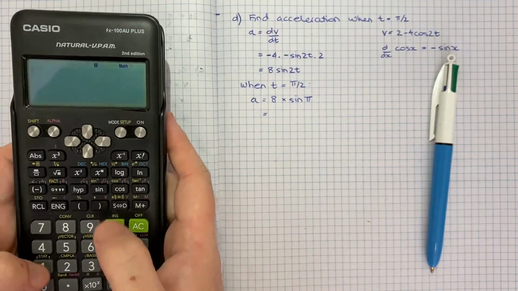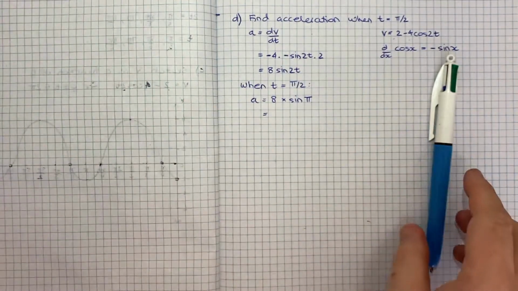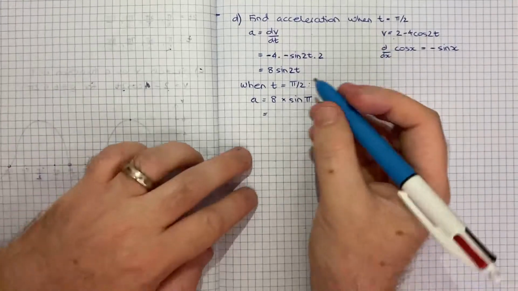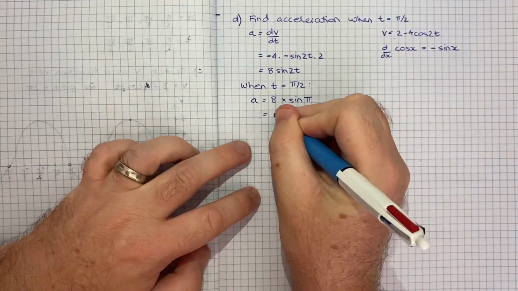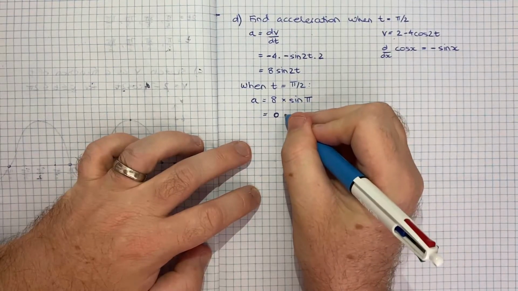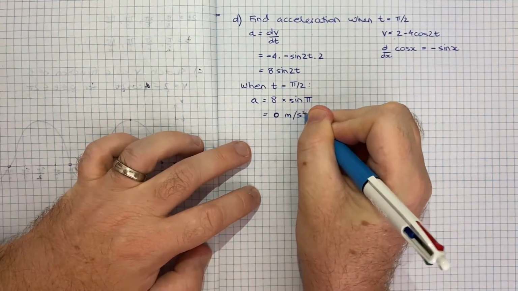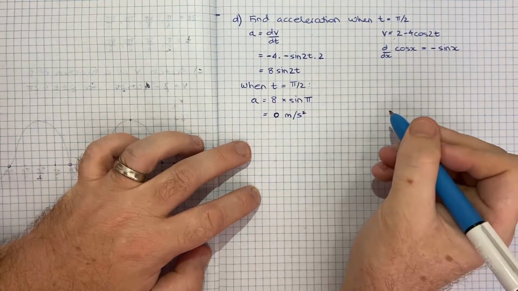So pi is 180, sine of 180 is 0. So actually 8 times 0 will just be 0. And we need to remember our units. So we're moving in meters, and this is per second squared for acceleration.